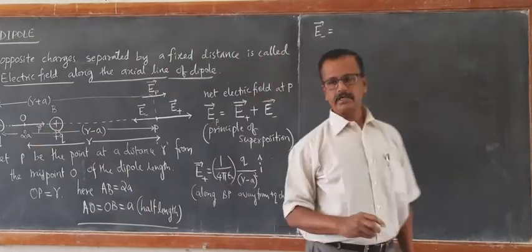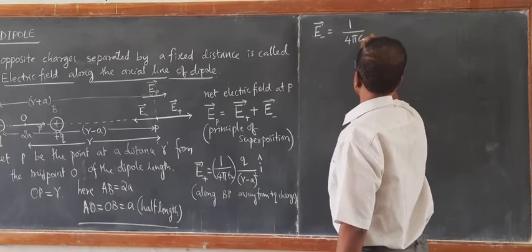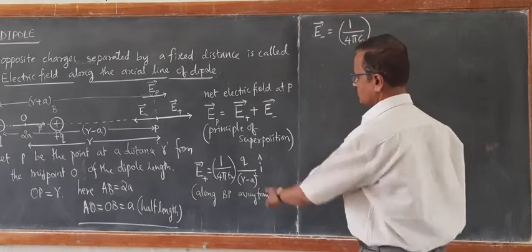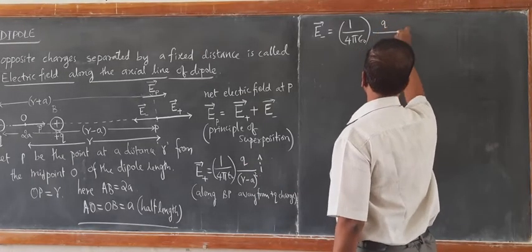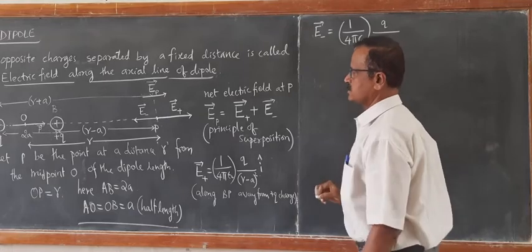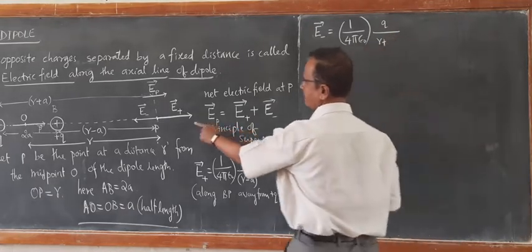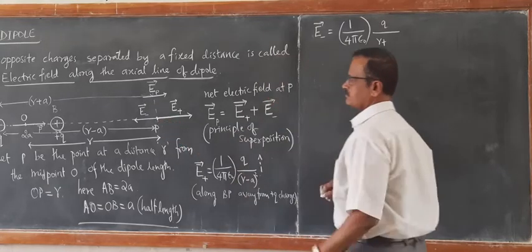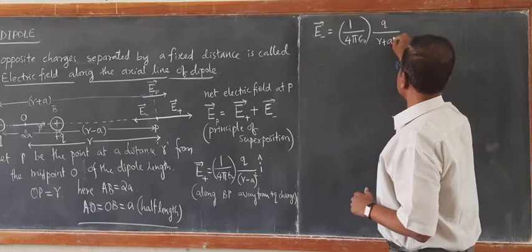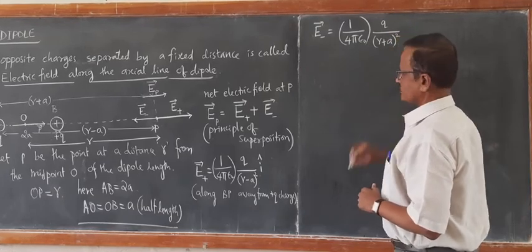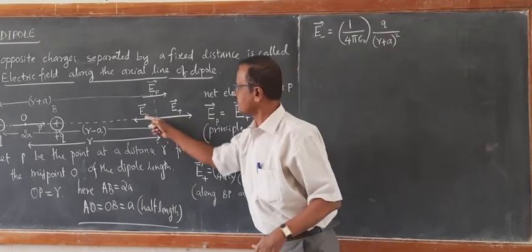Electric field due to negative charge is given by 1/4 pi epsilon into the magnitude of charge. Magnitude of charge is again Q, upon the distance. The distance of the negative charge from the point P is r plus a. So it becomes r plus a whole square, and it is directed because of the attractive force.